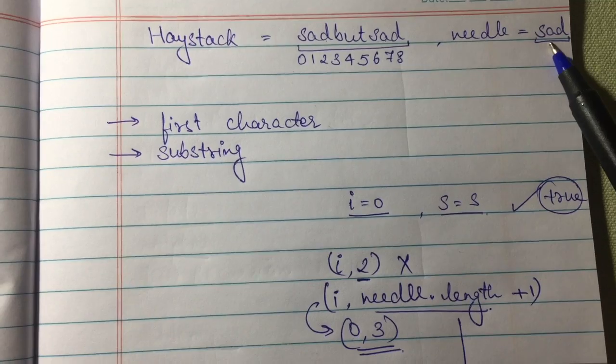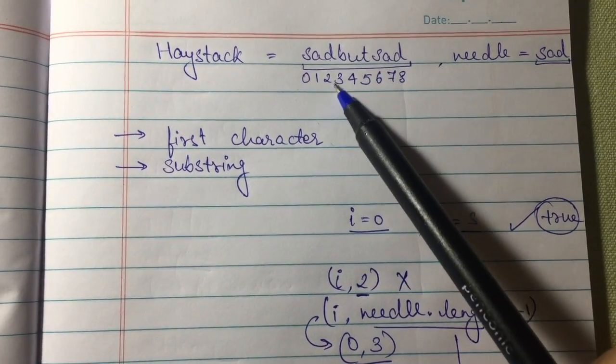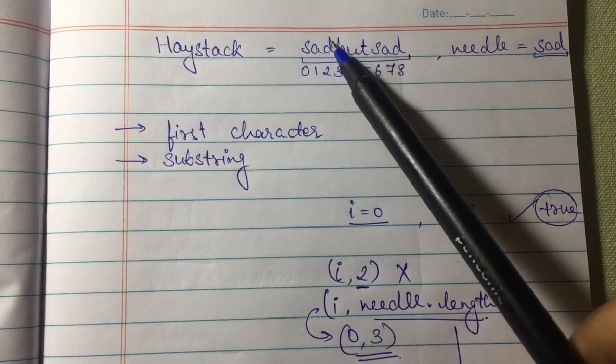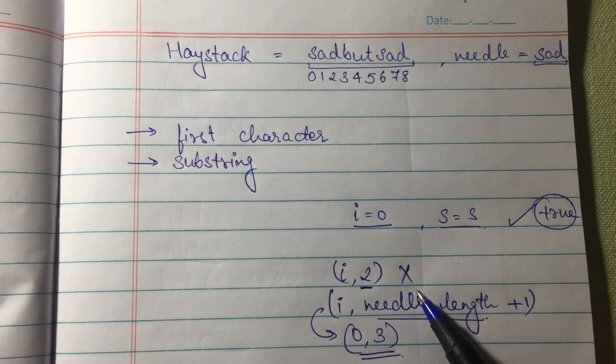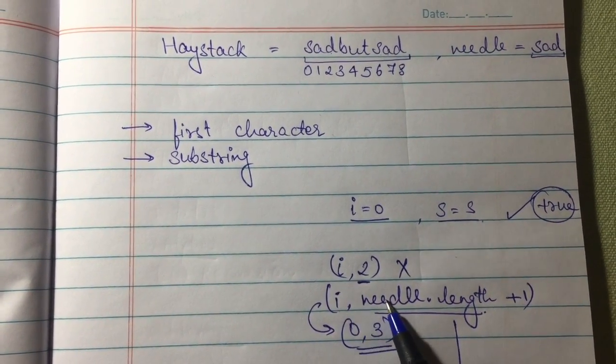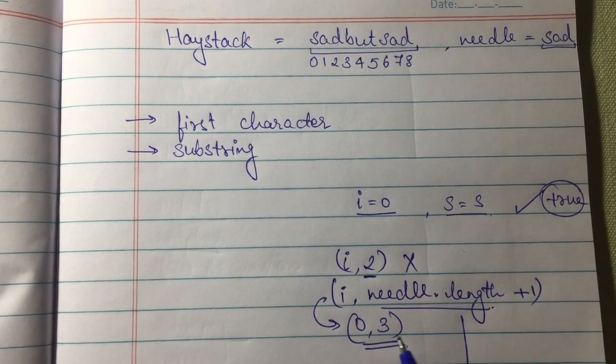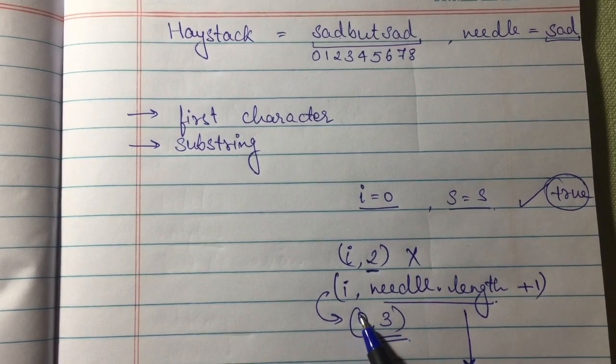Now we have "sad" on index 0, 1 and 2, but we don't have to limit ourselves to index 2 only. We have to write up to index 3. So for this we have to write in the code i, comma, i plus needle dot length.